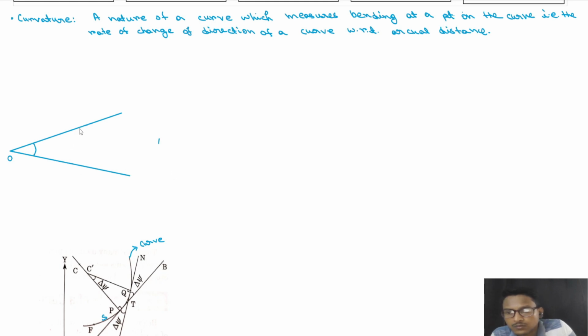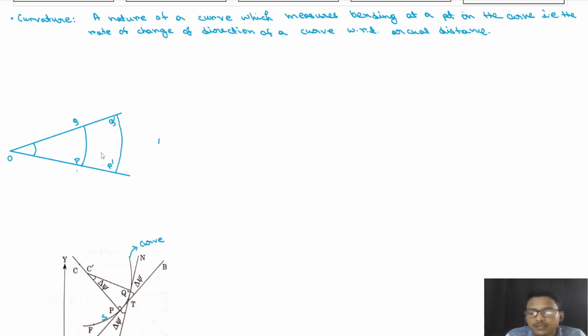So suppose we have two curves PQ and P dash Q dash, and for the time being assume that these two curves are arcs of concentric circles centered at O. Now if I ask you the question, among these two curves PQ and P dash Q dash, which is more bended, what will be the answer?